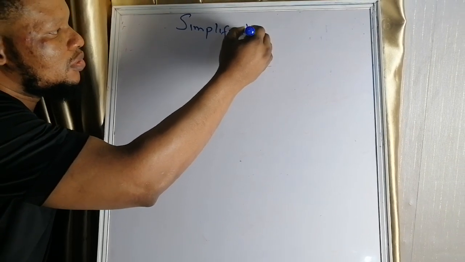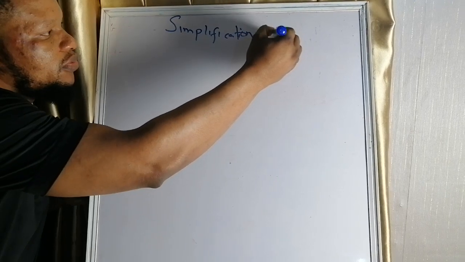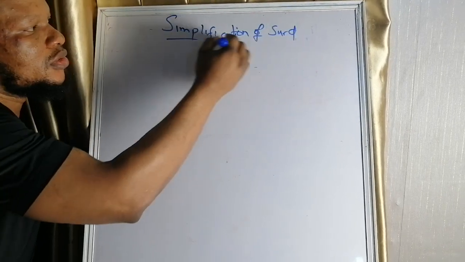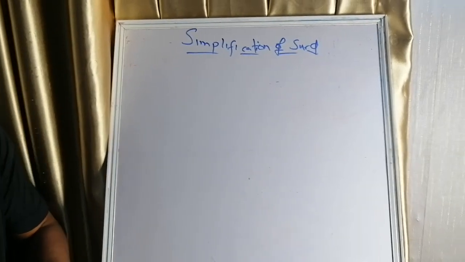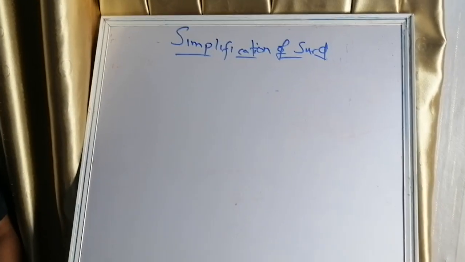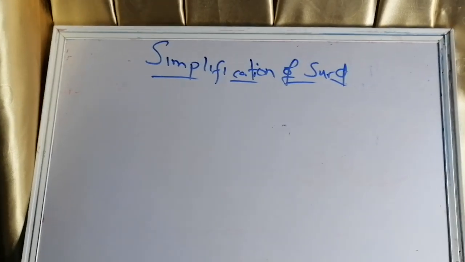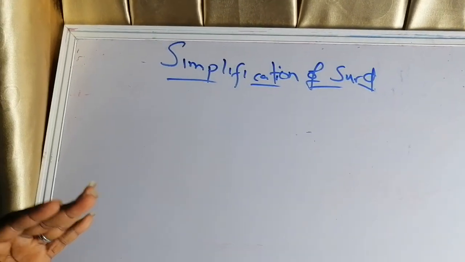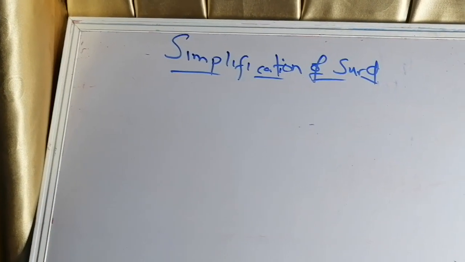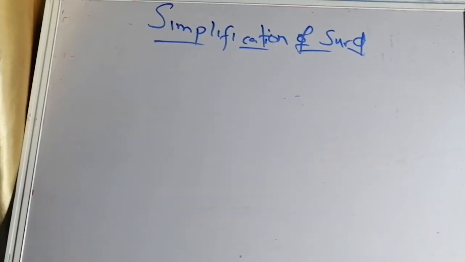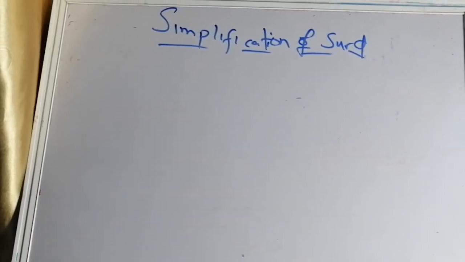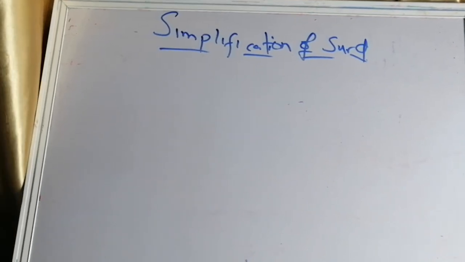What we mean by simplification in SURD is that they can give you a particular SURD and tell you to break it down to the lowest, where you cannot break it down further.